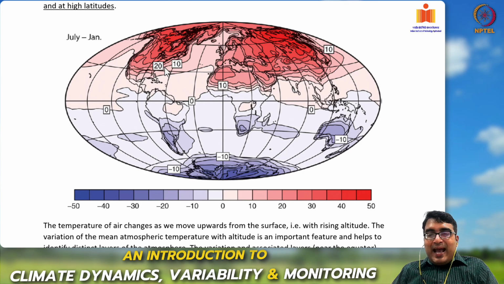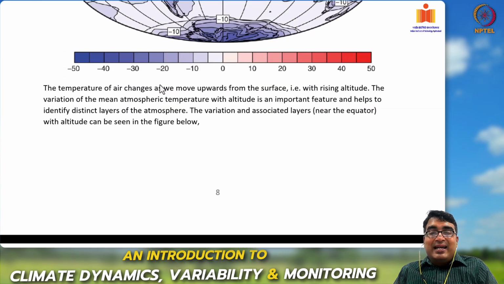So another aspect of atmosphere which is very important in determining the climate dynamics of the world is the variability of temperature as you move up from the surface upwards towards space. So with rising altitude, the variation of mean atmospheric temperature with altitude is an important feature, and it helps us identify distinct layers of the atmosphere as well.